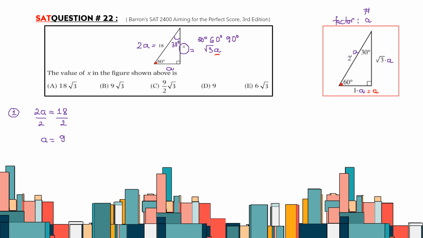Then we plug in: x will be equal to square root of 3 times a. A is 9, so square root of 3 times 9. So this one is 9 square root of 3. So B is the right answer.